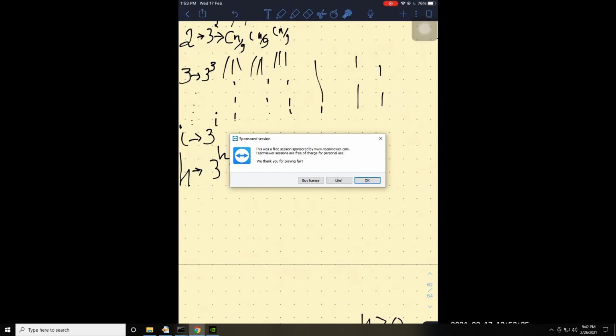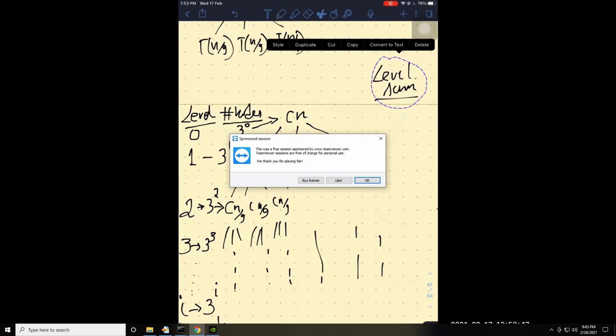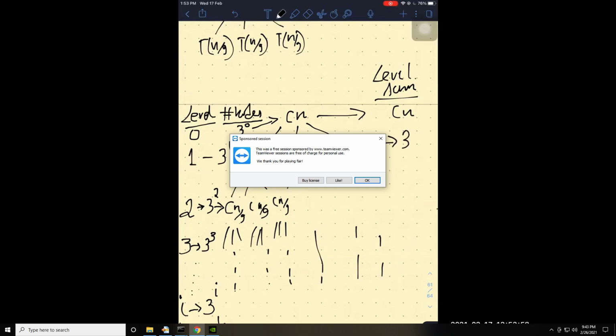So in this part, if we consider the level sum, for level 0 we will have only C of n. Then for level 1, we will have 3 times C of n divided by 3.